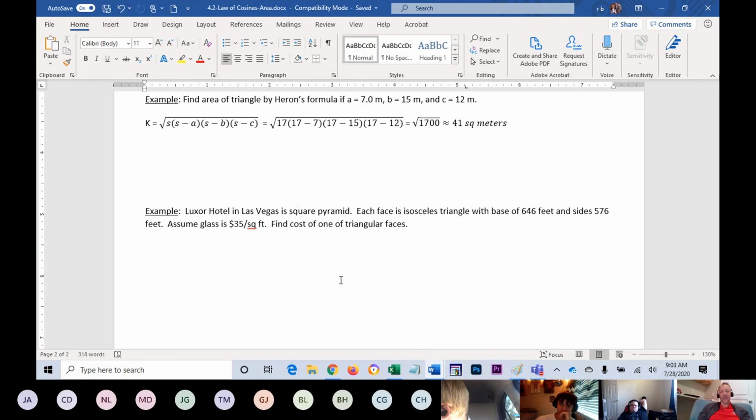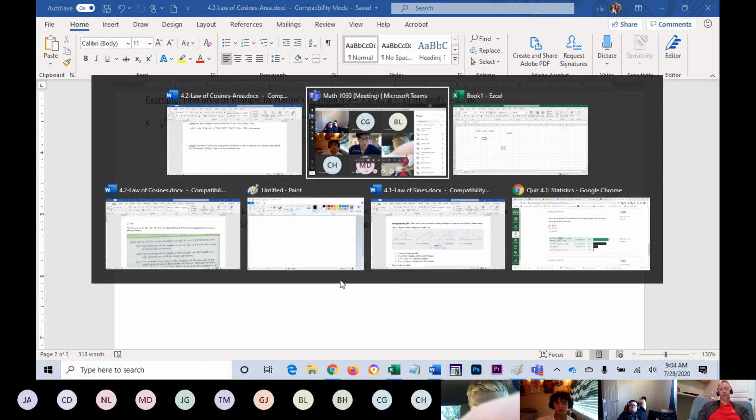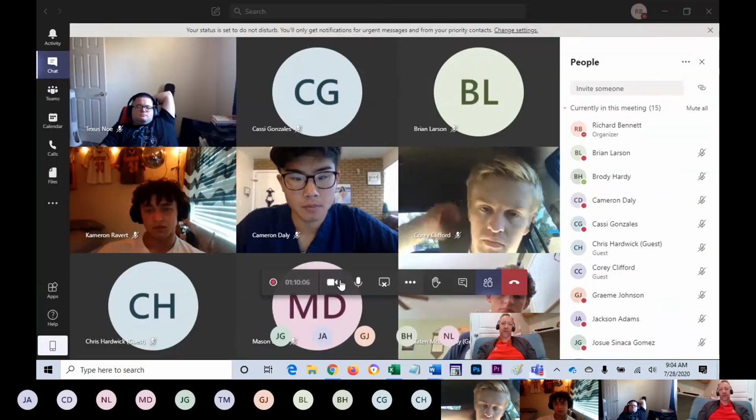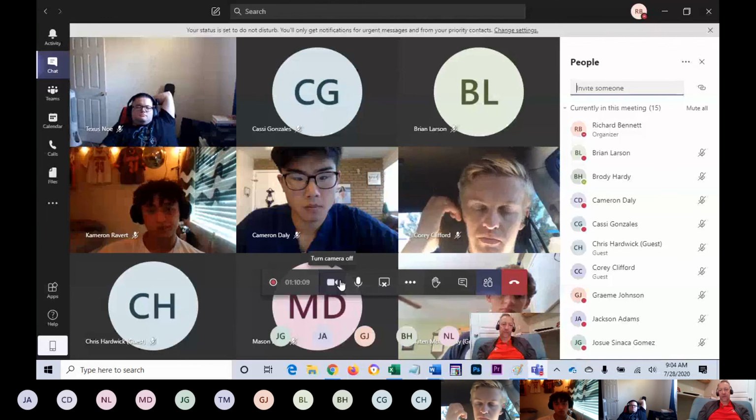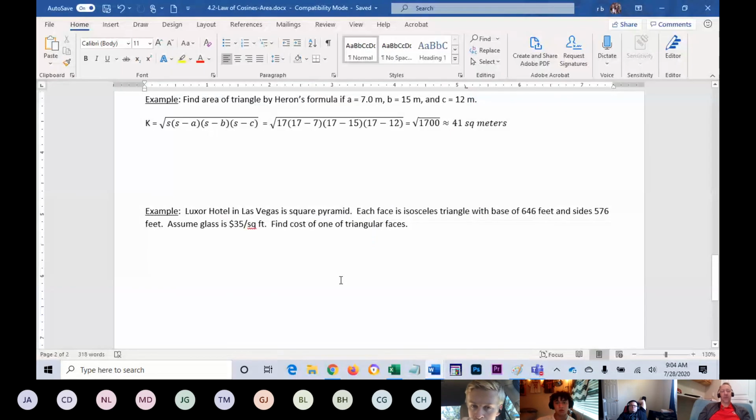Find the cost of one of the triangular faces. So, let's see here. Graham, this looks like a good problem for you.